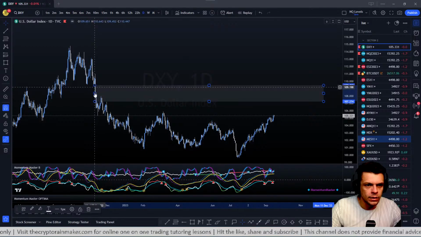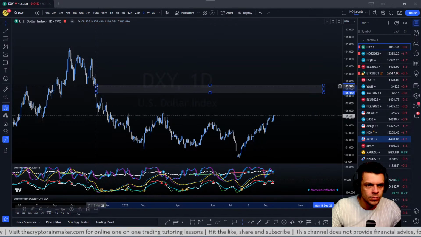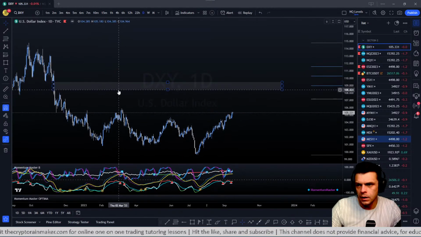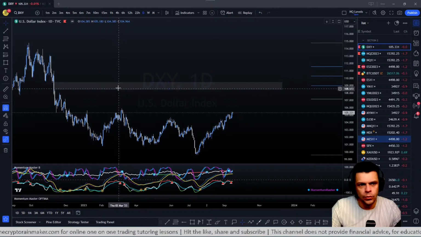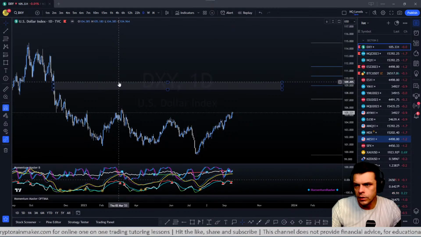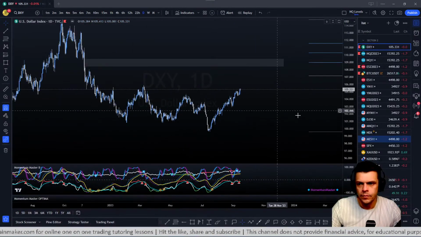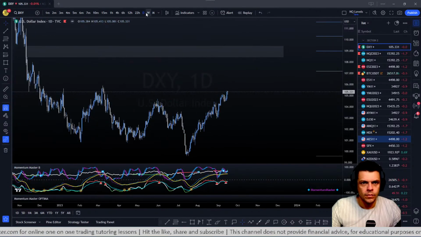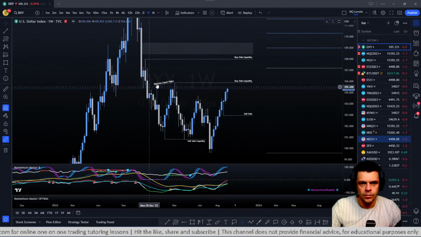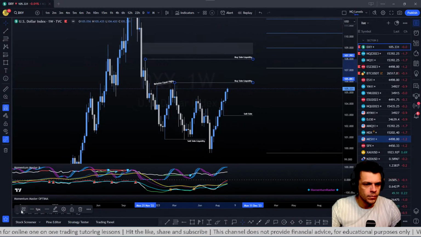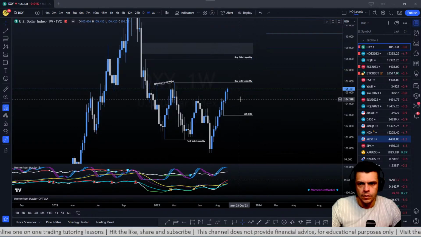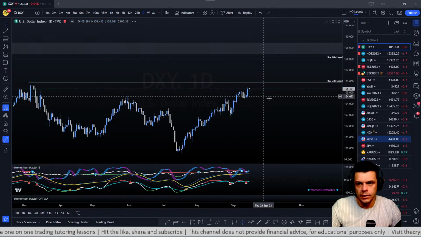We are going to look at this imbalance. Okay, so the lower end of this imbalance is at 108.424 and the high end of the gap is at 109.495. Okay, go back.